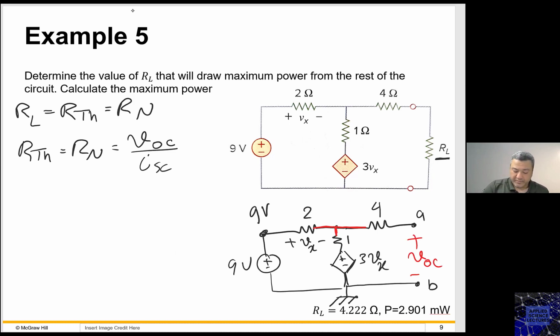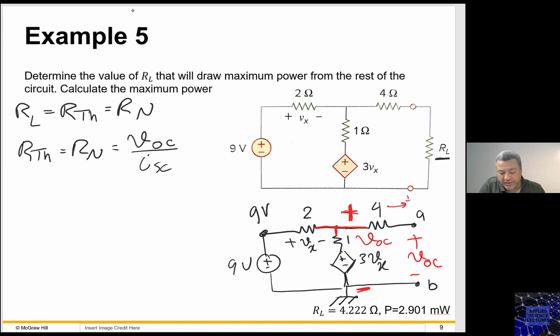Do I need to write the nodal equation at A? I don't, because there is no current. The current is zero. And this VOC is going to result between this node, the red node, and A, because there is no current going in here.